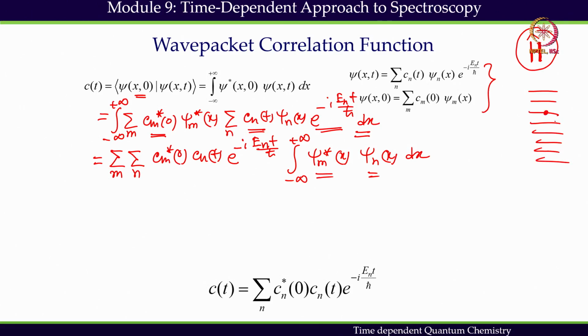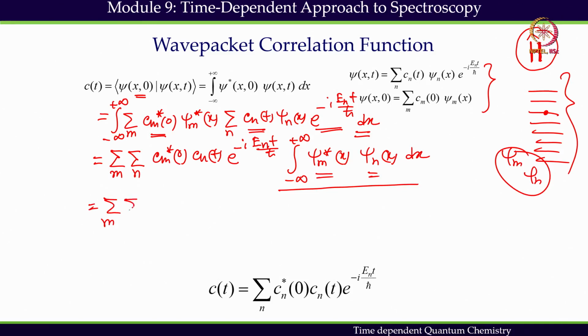So, this psi m and psi n are actually representing these stationary states. That is why this part can be represented as a delta function. If I represent it as a delta function, what I get is these summations over here, and then Cm star 0, Cn t, e to the minus i En t by h cut, then delta mn.